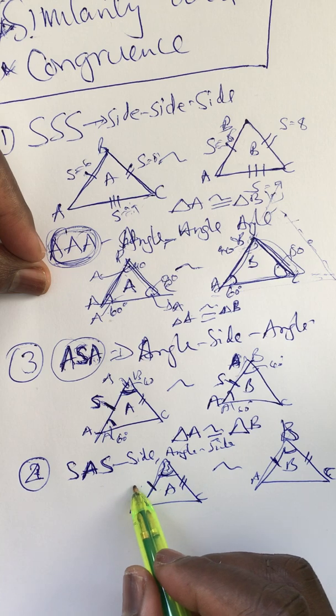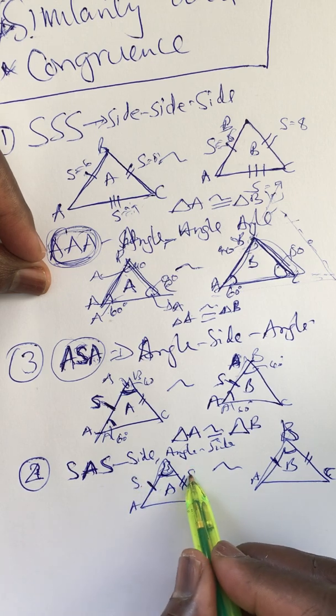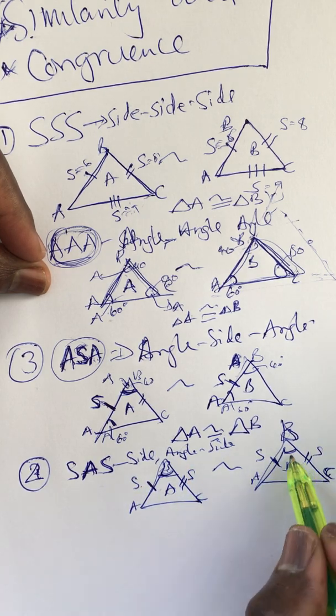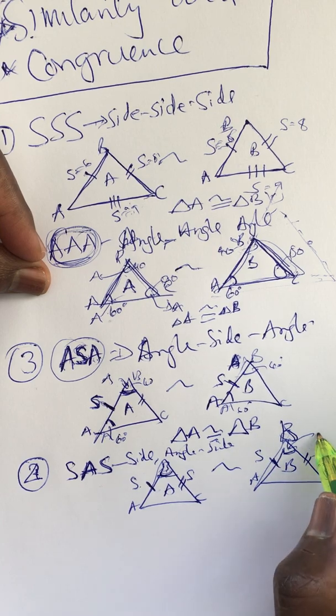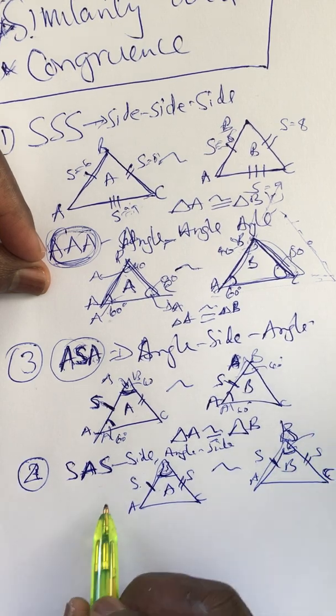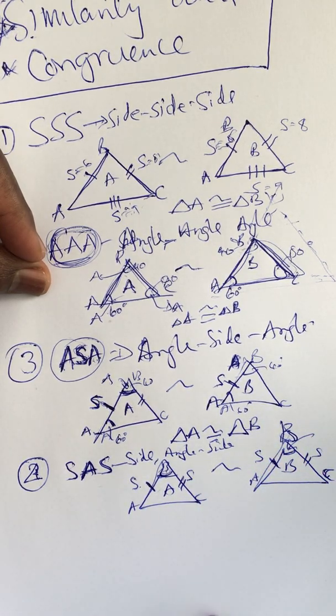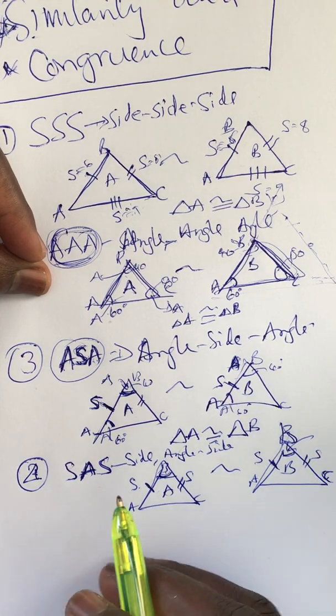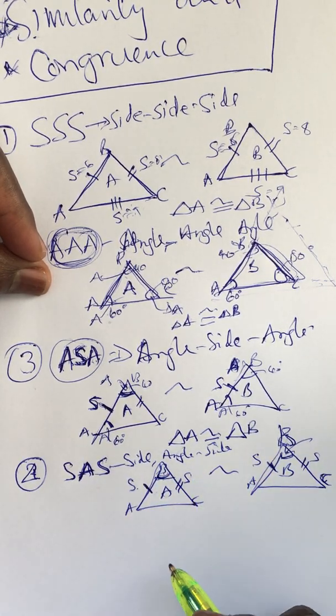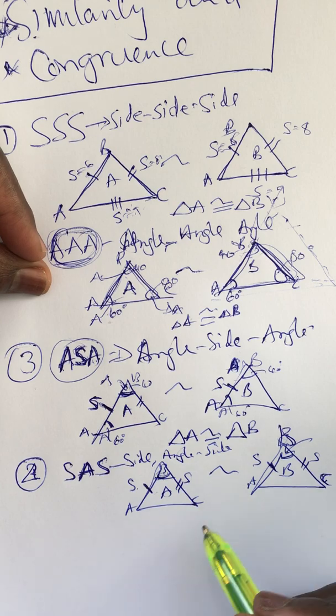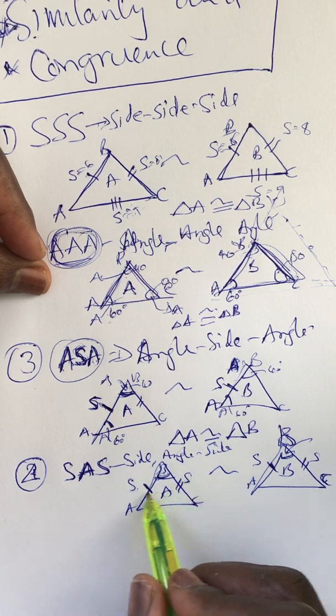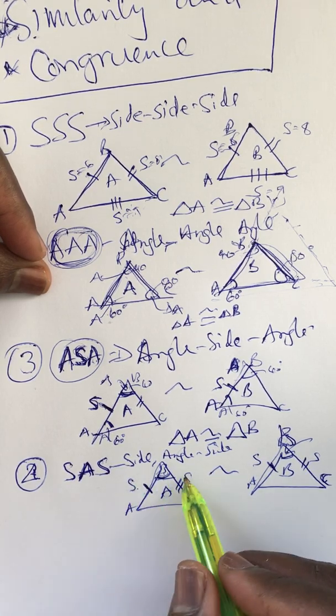So you can put the side there, side there, side there, side there, and the angle there. You can just give some quantity if you like, but you can leave it like that because we are mainly dealing with the relationship between these two angles. So if you want to make it perfect, that's when you can assign the quantities there.